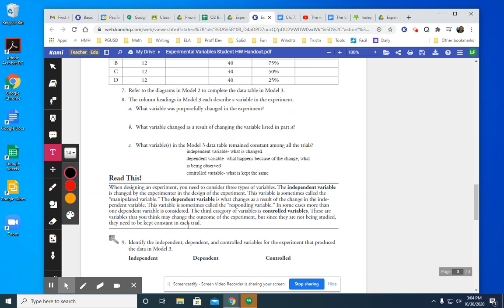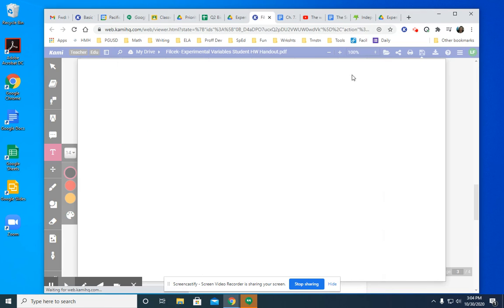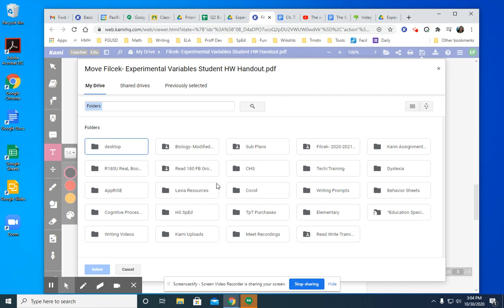There you go. Now I'm going to show you how to save this to your Google Drive. I'm going to click Save, Add to my drive. Okay, now the name is up here. All right, I'm going to add my last name just so I know, then Add to my drive. Okay, it wants to know where I want to put this. There's a folder called Kami Assignments or Kami Uploads.